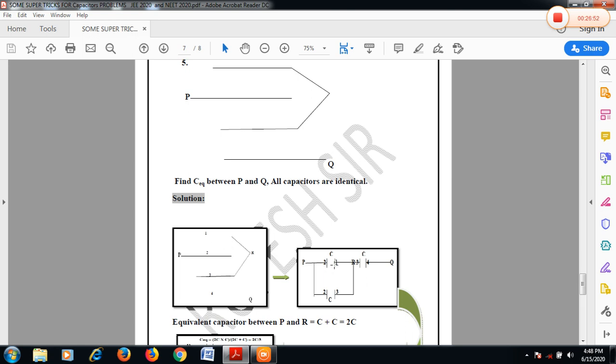Here we are having two capacitors across P and R. One is 2 and 1 and another one is 2 and 3, right? That much you have understood.